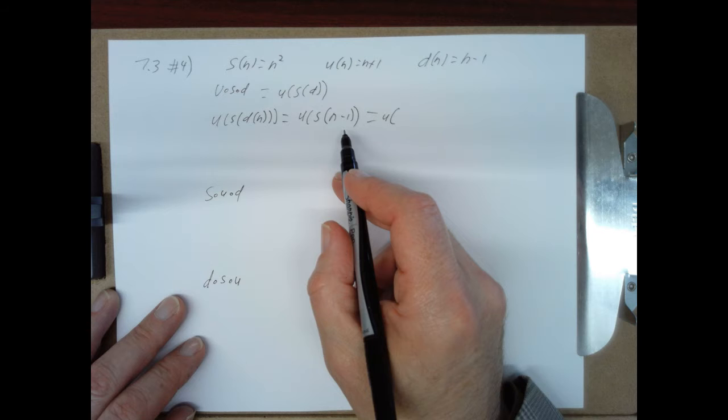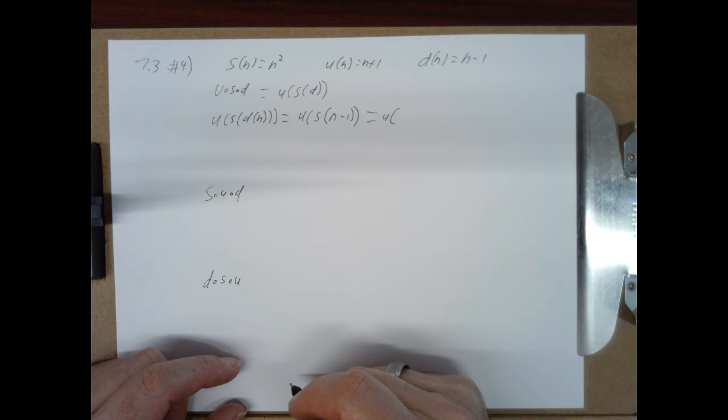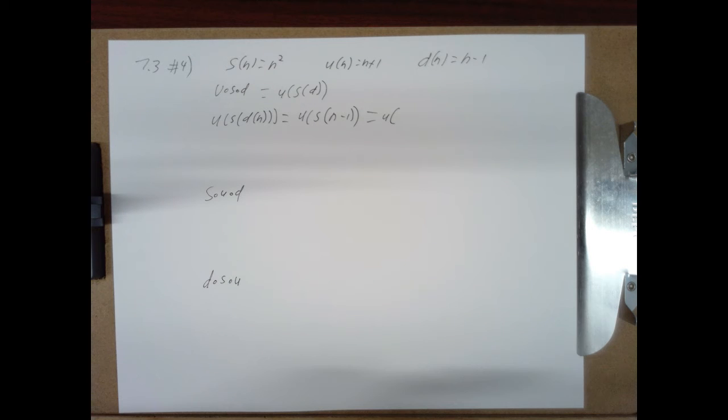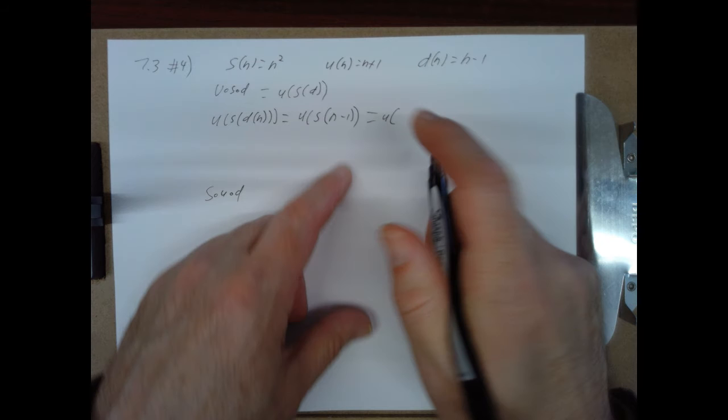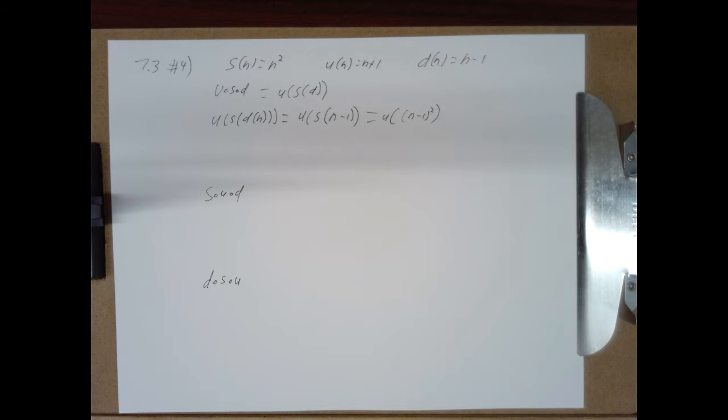It can help to switch the variables around here if you like. So we could think of s of t equals t squared, s of w equals w squared, s of a box equals a box squared. So s of n minus 1 equals n minus 1 squared. And that's kind of the trickiest part of composition, is not getting tangled up with seeing the same variable. So is that step okay with people?